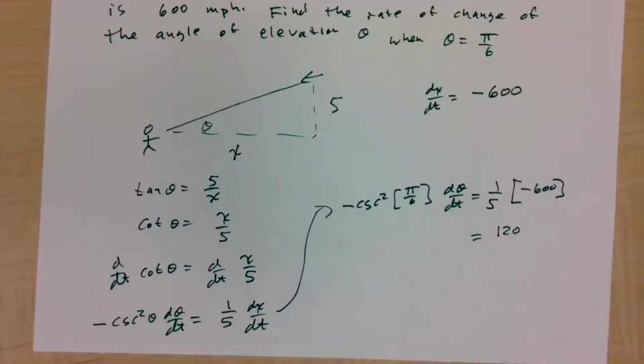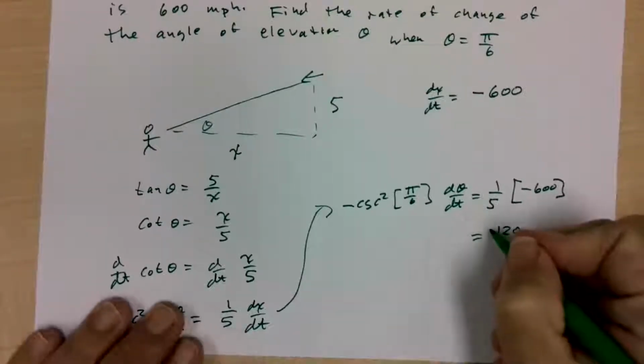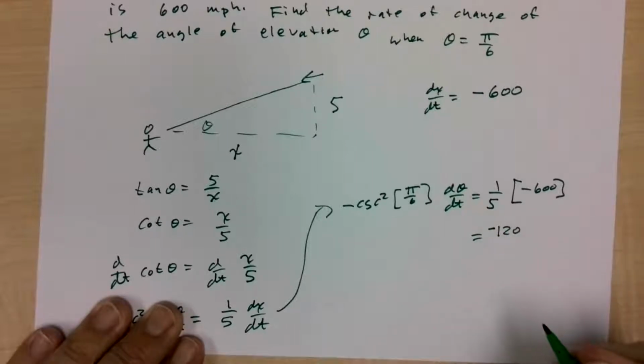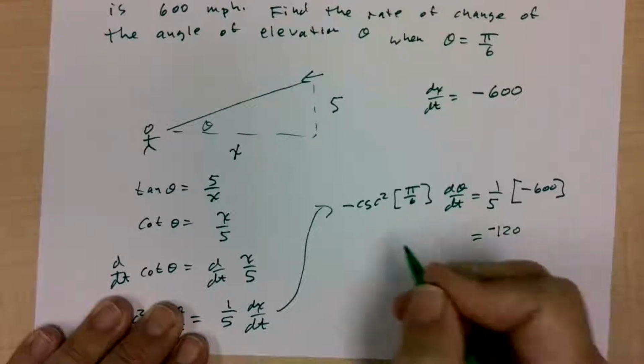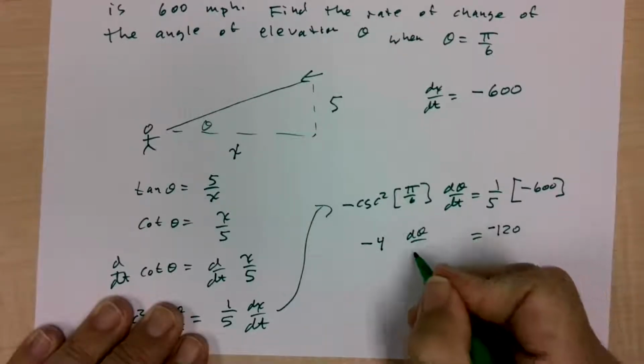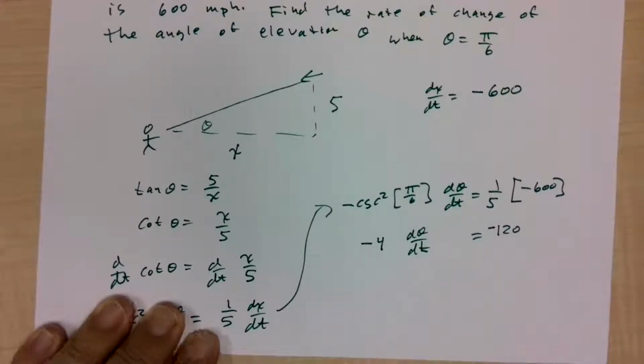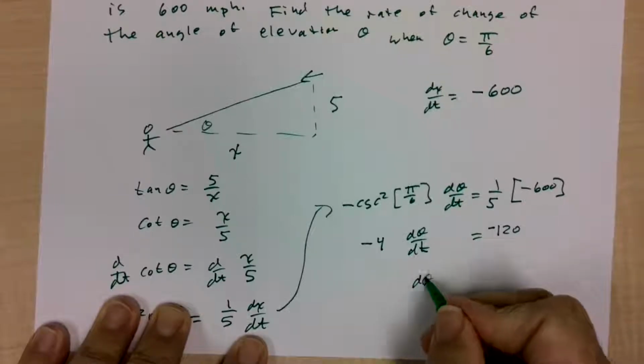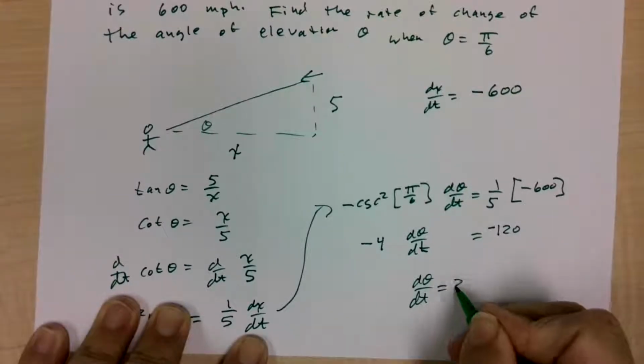Cosecant is the reciprocal of sine; sine of pi over 6 is a half, so cosecant of pi over 6 is 2. Square it, I get 4. So I have negative 120 on the right side and negative 4 d theta/dt on the left side. Dividing both sides by negative 4, d theta/dt is 30.